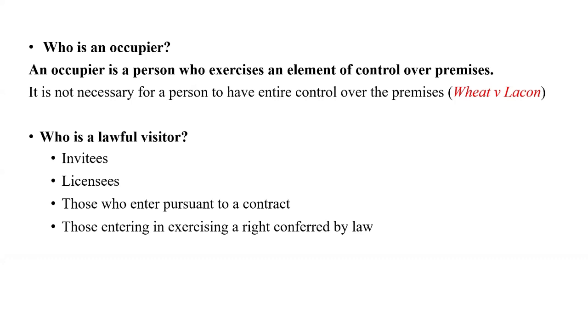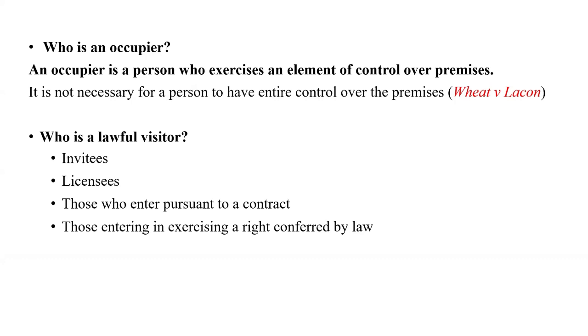For example, a person entering a shop, they're not invitees, but they have the permission to be there, so they become licensees. And third, we have those who enter pursuant to a contract, like a tenant who enters premises under a lease agreement, or it could be someone entering a movie theater by buying a ticket.